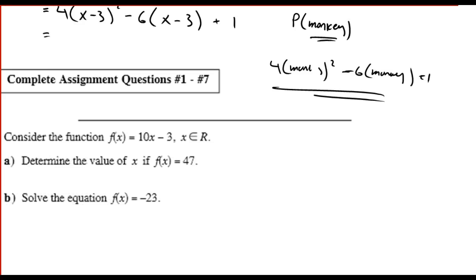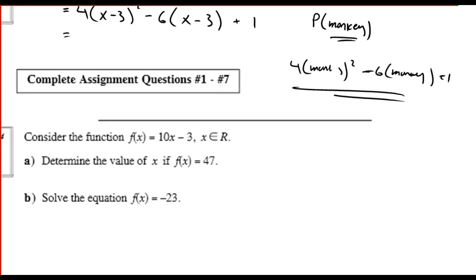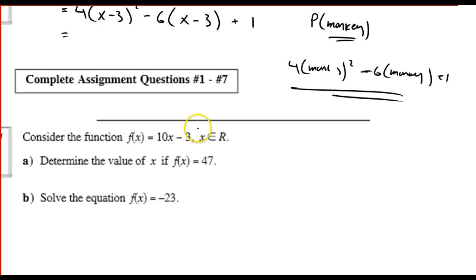Okay, for this next example, example number 4, they give you the function again. f at x is 10x minus 3, but now they want to determine the value of x if f at x is 47. So you have to work backwards now. They give you the output and you have to find the input.